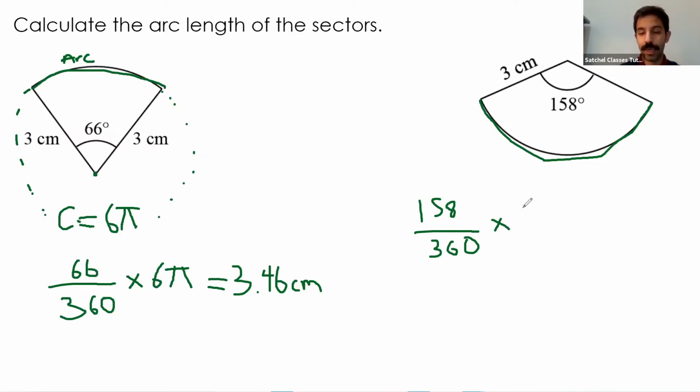So that's 6 times pi, which is simply 6 pi. If we type that into our calculator, 158 over 360 multiplied by 6 pi, that will give us 8.27 to 2 decimal places.